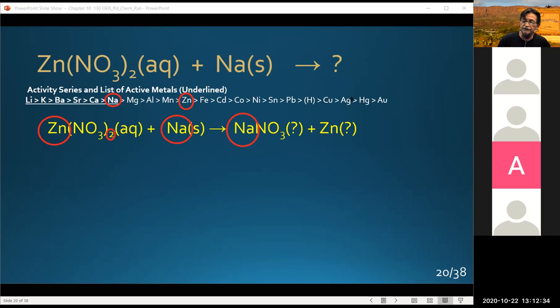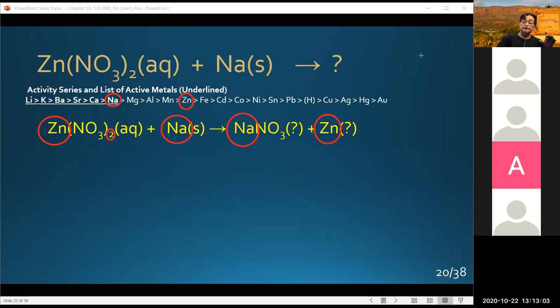All right. Now, what is the oxidation state of elemental zinc now? What I just circled. What is its oxidation state? You can tell me what is the oxidation state of zinc.